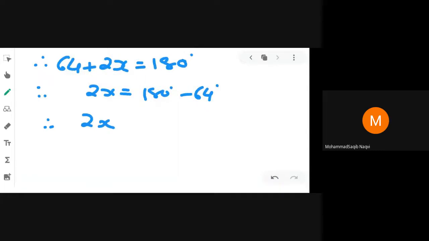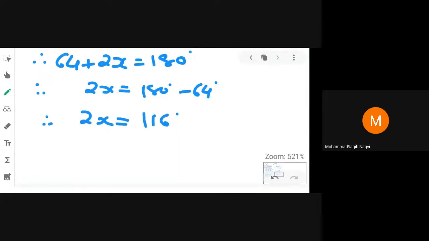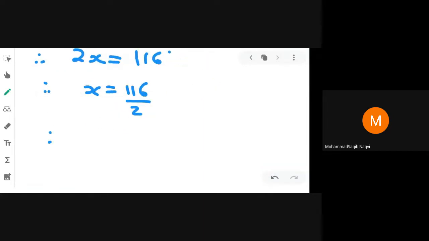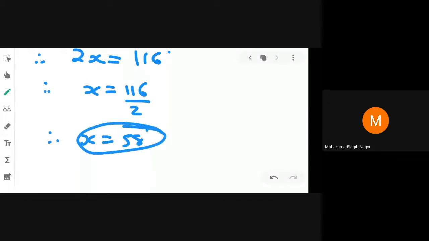So 2X is equal to 180 minus 64, which is 116. To find X, we divide by 2. So we get the angle as 58 degrees. Clear, all of you? What is the value of X?